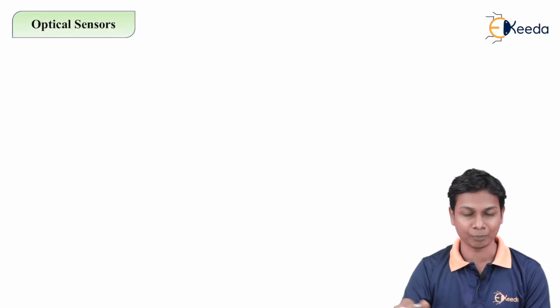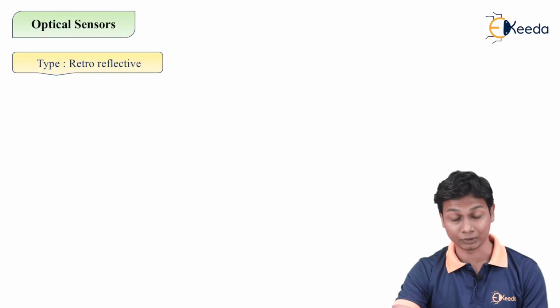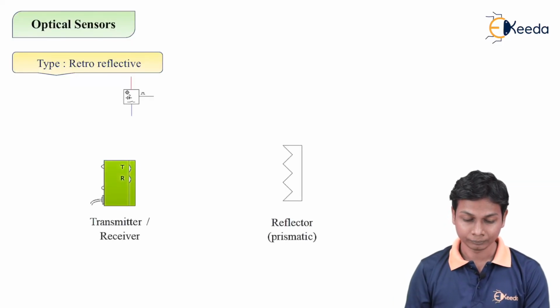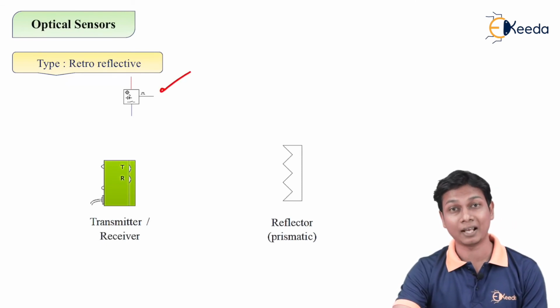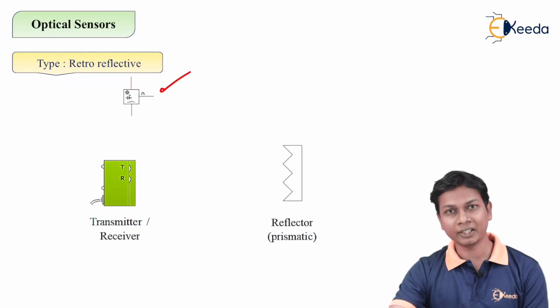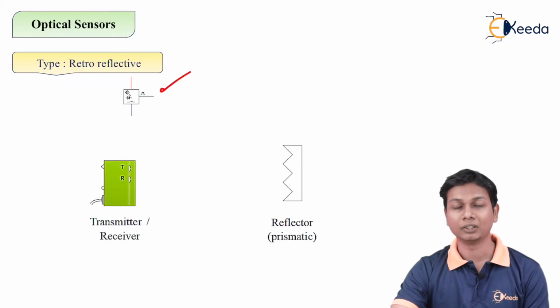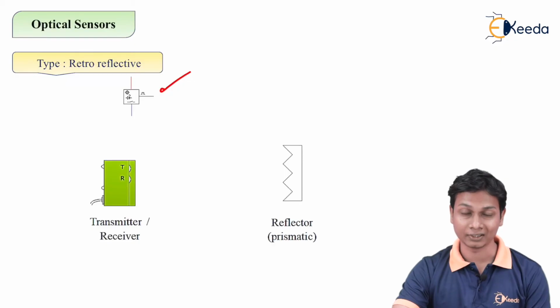Now the next type of optical sensor is the retroreflective sensor. In this type, this is the same symbol of the optical sensor. Here the transmitter works as a receiver also, and that's why this side is called a transceiver device.